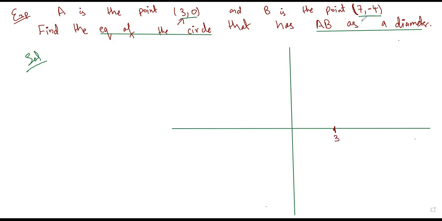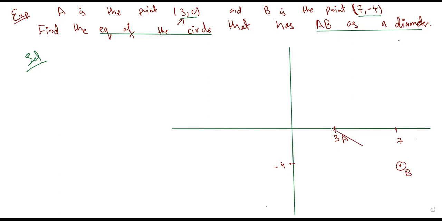The second one, point B, is (7, -4). So the x coordinate is 7 and the y coordinate is -4. This means that it would be somewhere here. Now this basically is point B. I will just join a line so things make more sense.